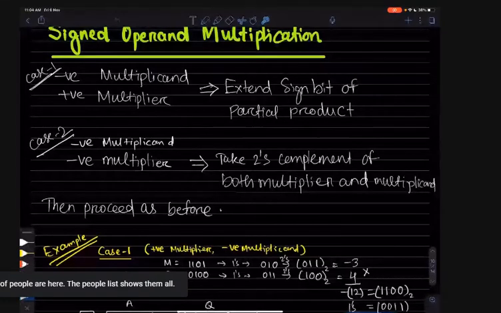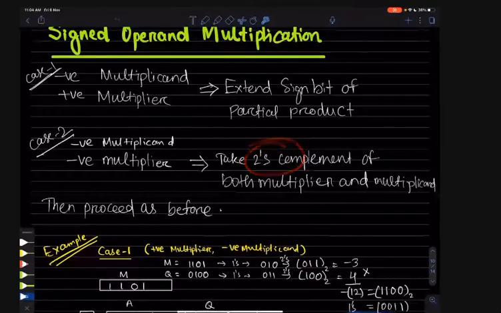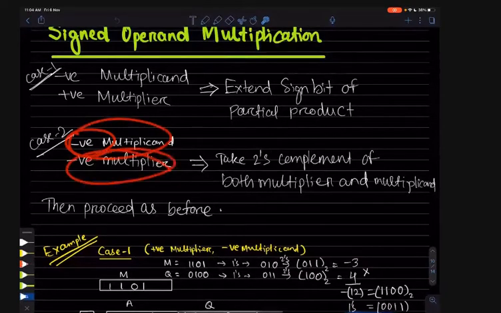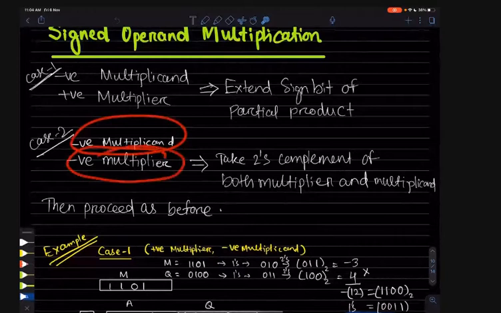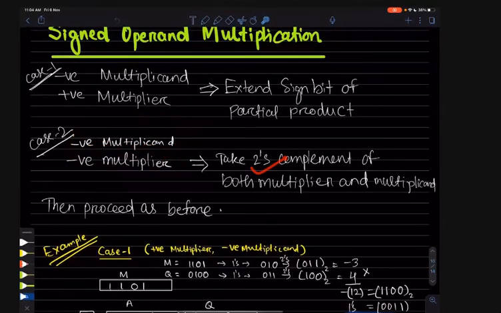If you take the 2's complement, we are only changing the sign of these two numbers, the value will be the same. That's why we want to convert these two into positive numbers. How? Using 2's complement, and then we multiply them.